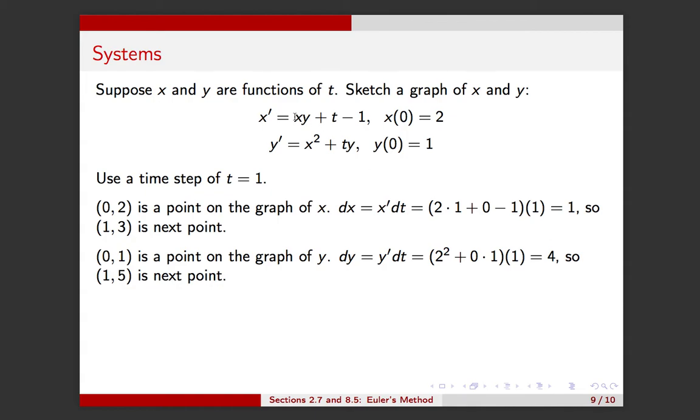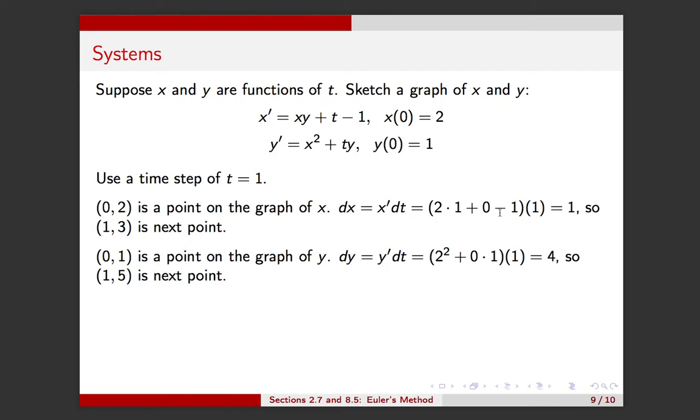Okay, so this formula here, that's the slope information for x. So if time is 0, and it is at this point, right? When time is 0, x is 2. When time is 0, y is 1. Right, so notice this formula involves 3 variables, t, x, and y. But if you know a t value, then you know x and y also, because they're functions of time.